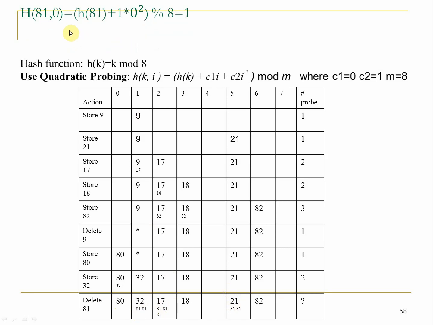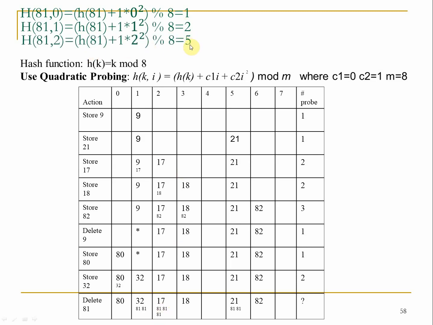If we look into the operation, you see that originally the home position gives you the value of 1, and then we look into the next location, which gave you index of 2. That's where the first 81 in index of 2 happens. And then when we look into 4 positions away from the home position, we will look in here, finding out it's still not 81.